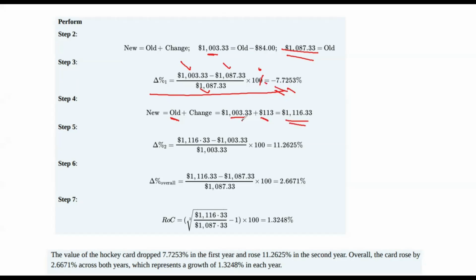It started with this and ends with that. So the percent change in the second year is this minus what it began the year with, over what it began the year with, times 100%. And we got a big increase now, 11.2625%, right?